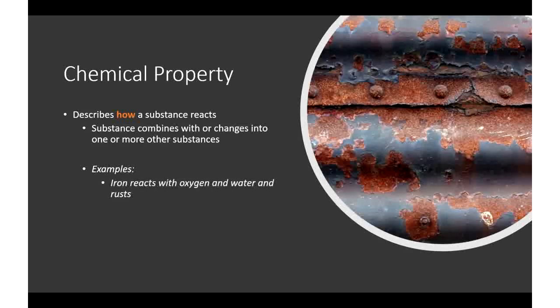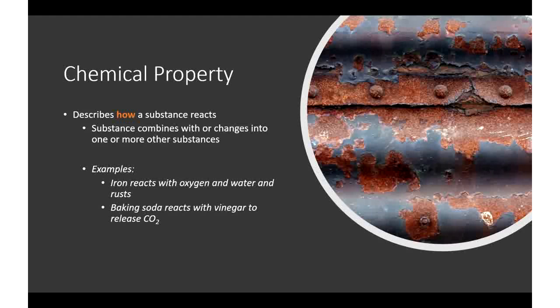For example, iron can react with oxygen and water, and therefore it rusts. No other metal actually rusts. It's just the ability of iron. It is the chemical property of iron. When we put baking soda and vinegar together, they react to release carbon dioxide gas.